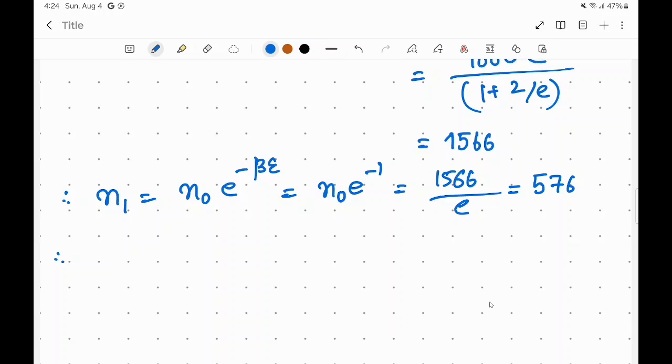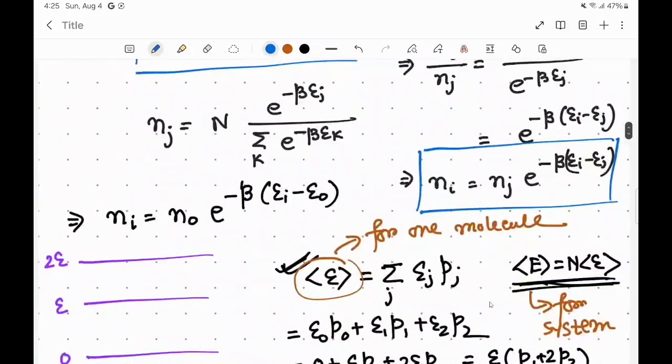When you take the closest value, if it is 576, you consider it 577, something like that. But this is a number of particles, not a probability, because P was the probability.